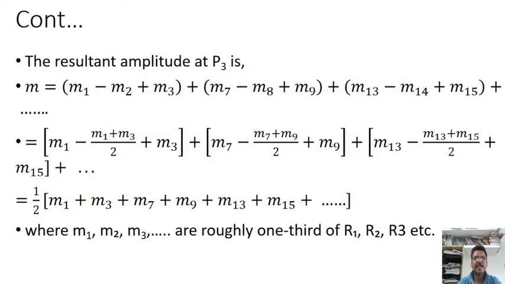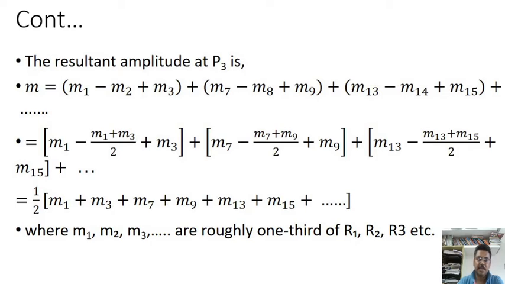So, the resultant amplitude at P3 is m equal to m1 minus m2 plus m3, similarly m7 minus m8 plus m9. Like that, we get the resultant amplitude at P3.